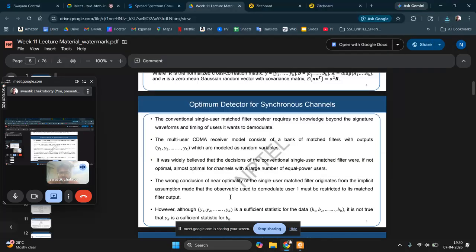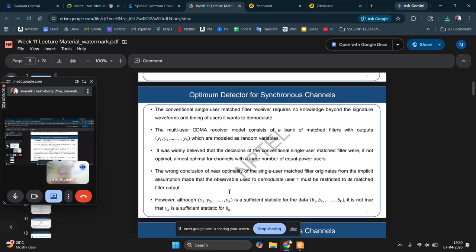But later it was proven that this conclusion of near optimality of the single user matched filter originates from the implicit assumption that the observable used to demodulate user 1 must be restricted to its matched filter output.